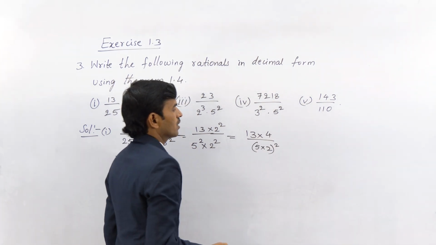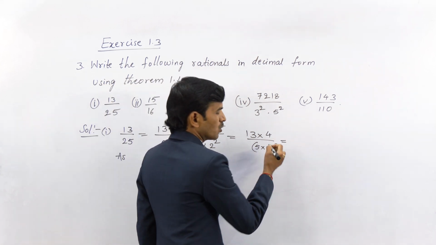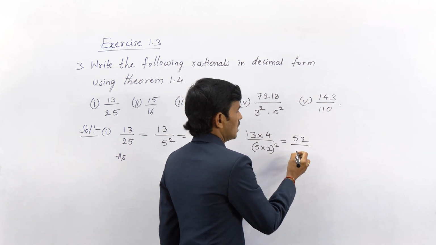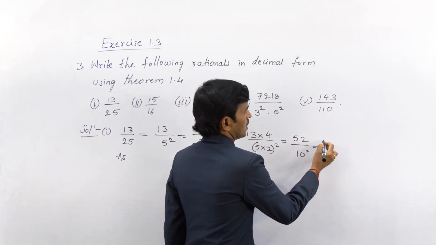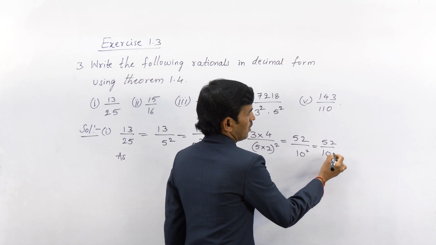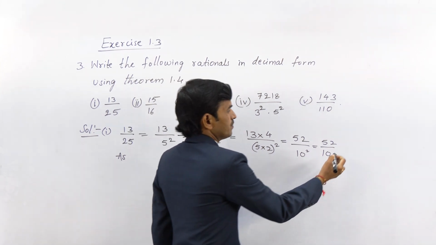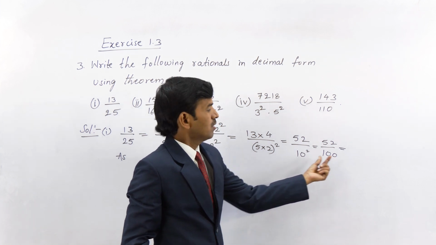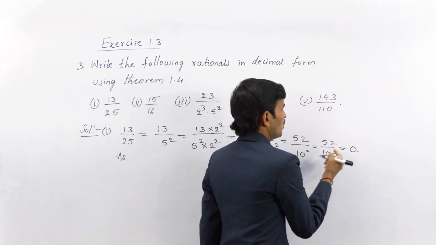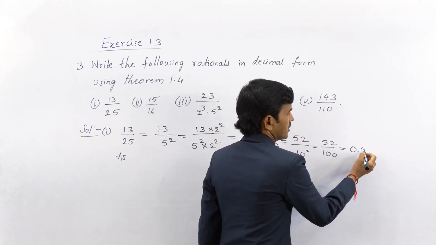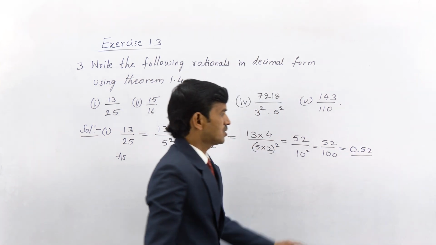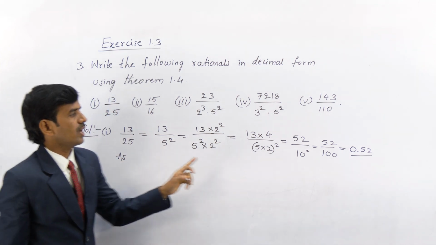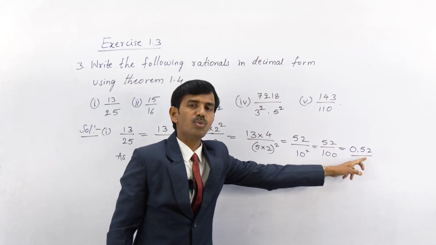So 13 4s are 52 by 5 2s are 10 square, which gives us 52 by 10 square, value 100. As there are 2 zeros, the decimal point comes before the last 2 digits. So it can be written as 0.52. You can observe that 13 by 25 has the decimal expansion 0.52.